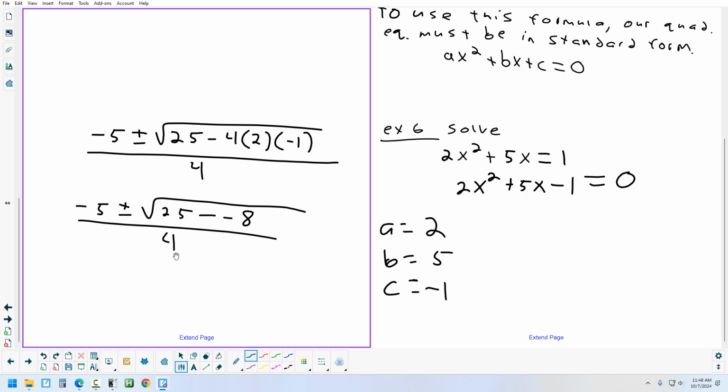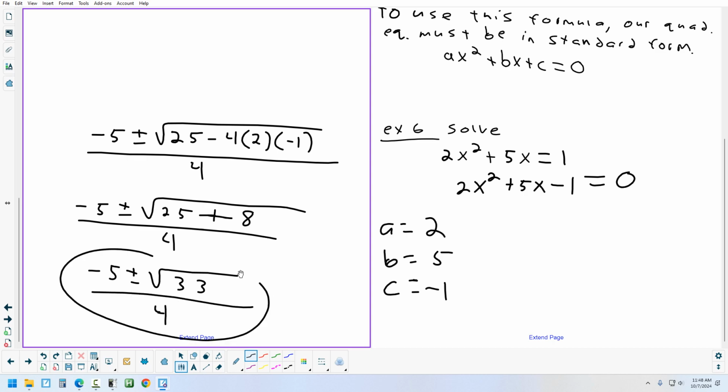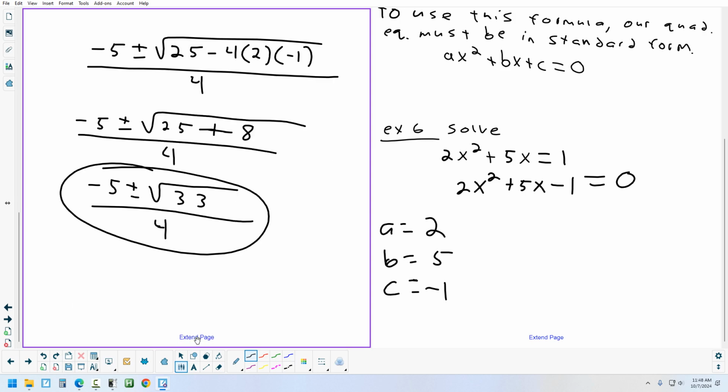That's going to become addition. Then 25 plus 8, 33. And if they want an exact answer, well, that's all you can do. That's the final answer. Negative 5 plus root 33 over 4, and negative 5 minus root 33 over 4.